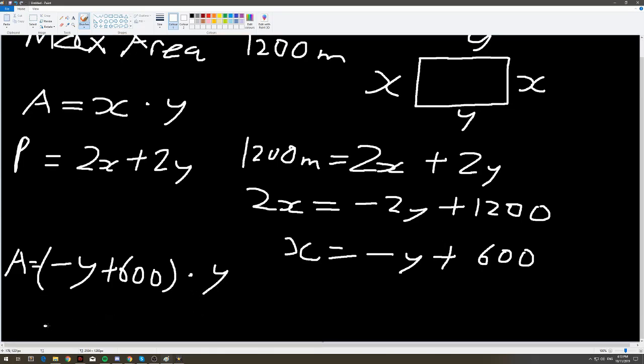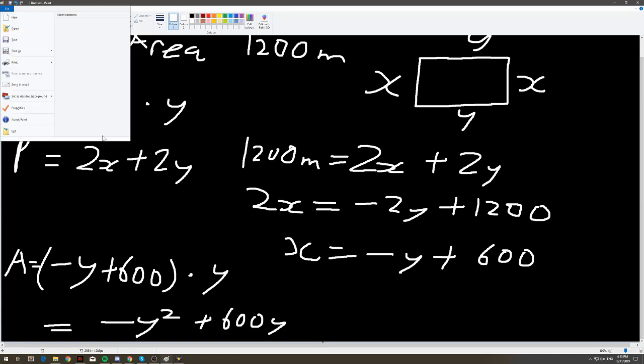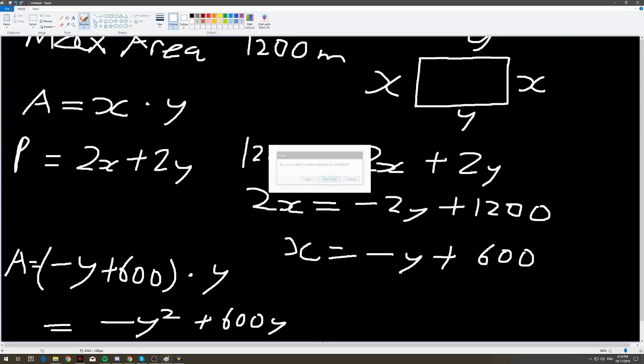So then after that, you will have negative y squared plus 600y. Okay, so let me just create a new page. So we now know that A is actually equal to negative y squared plus 600y.